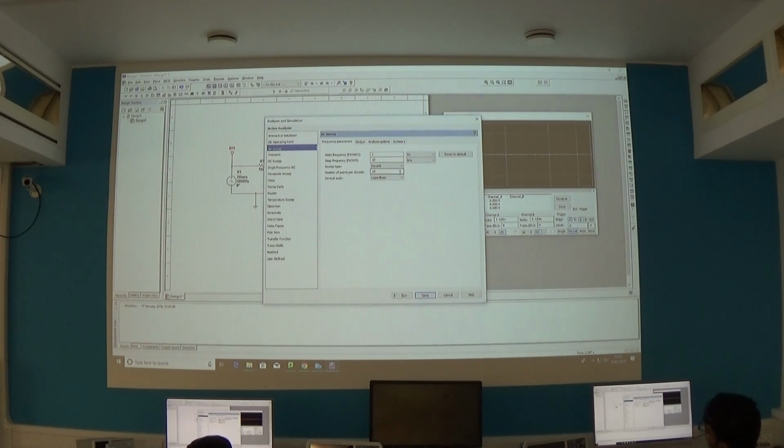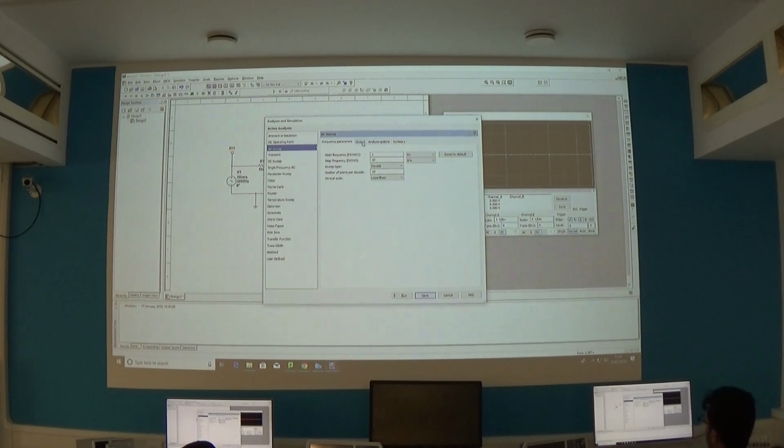Number of points per decade is going to give you the accuracy of your plot, and you all know when you plot a graph, the more points you have, the smoother it gets, the fewer points you have, the more spikes it has. I'll leave you to play about with that as well. And the vertical scale at the moment is set to logarithmic, but again there are several options in there that you can take. I'm going to leave it at the default option at the moment.